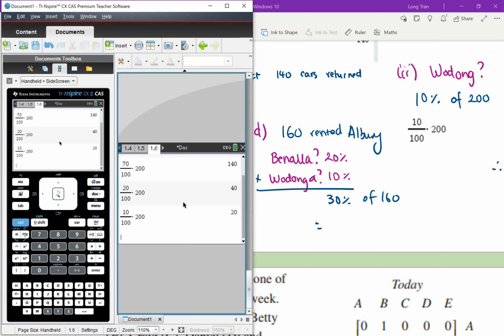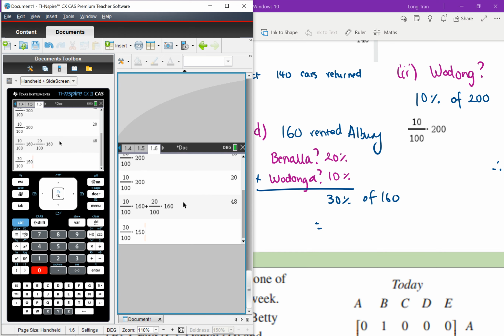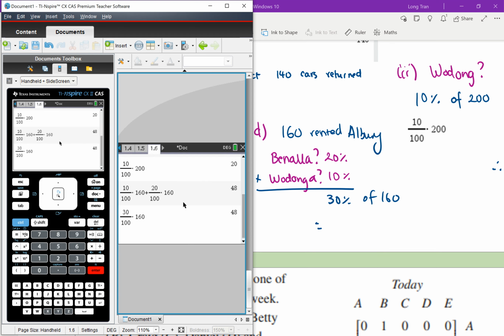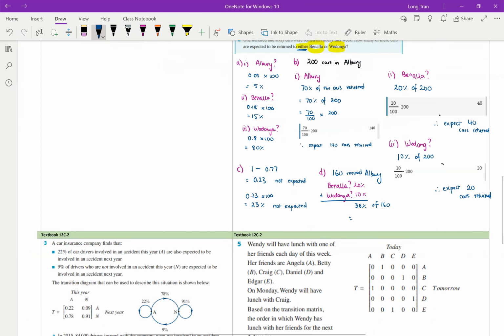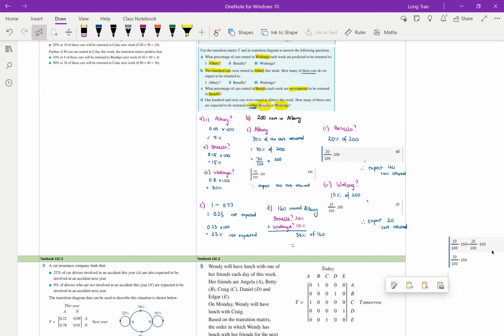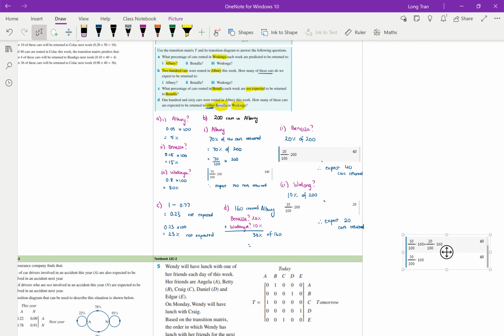So if I did it individually, it would have been 10% of 160, plus 20% of 160, or you could have done straight up 30% of 160, and you still get 48. Either way, it doesn't matter which way, you will get the same answer. So we can expect how many cars is what they asked. 48 of these cars will be returned.